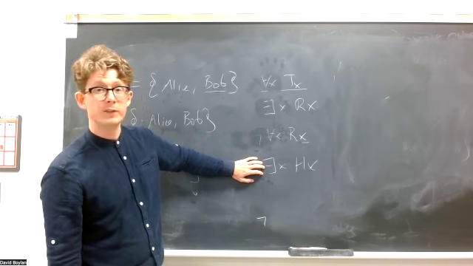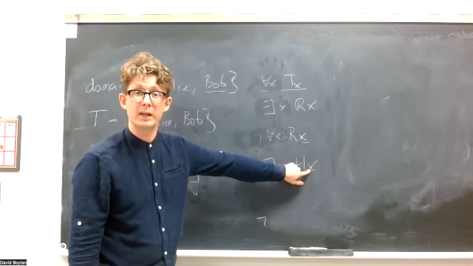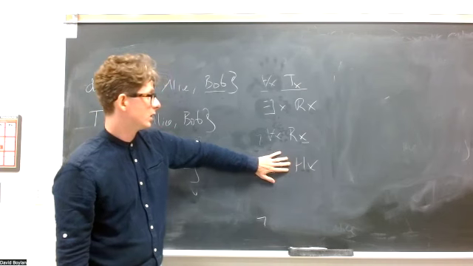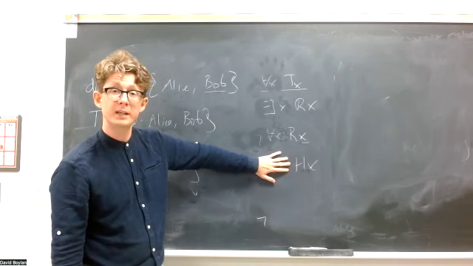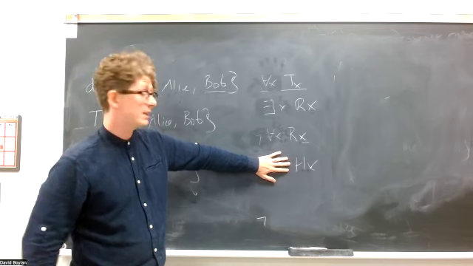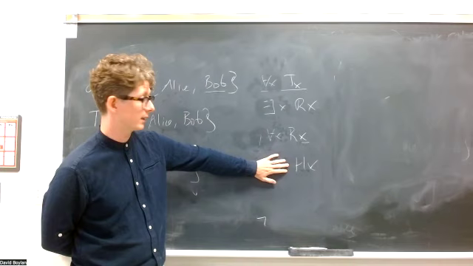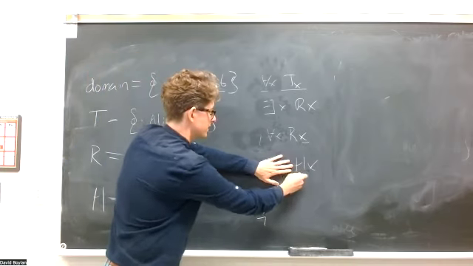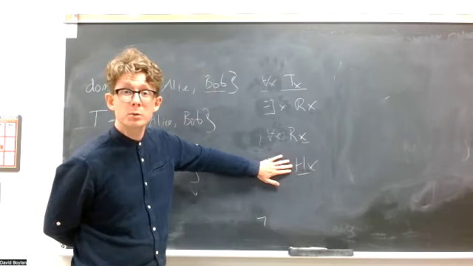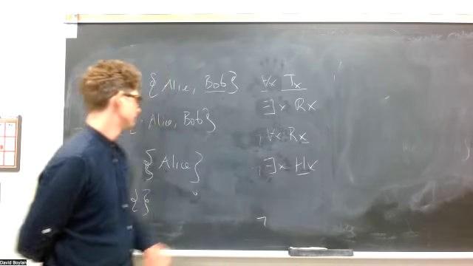There's an x such that h of x says that there's some person or thing you could assign to x which would make this sentence true. There's something which satisfies this sentence. So for the whole sentence to be false, it must be that nothing satisfies just this sentence. No matter who you assigned x to, h of x would be false.